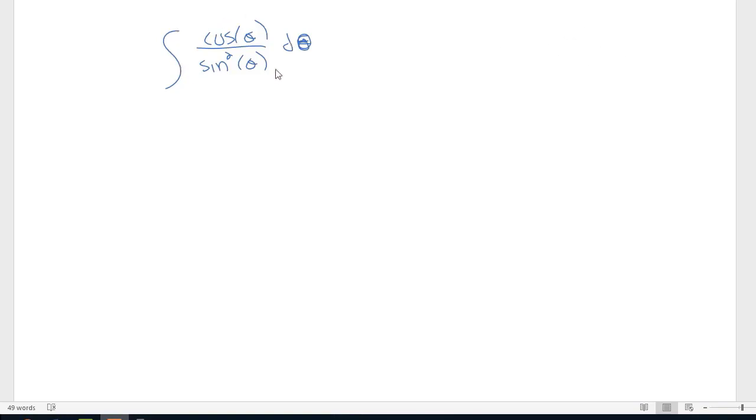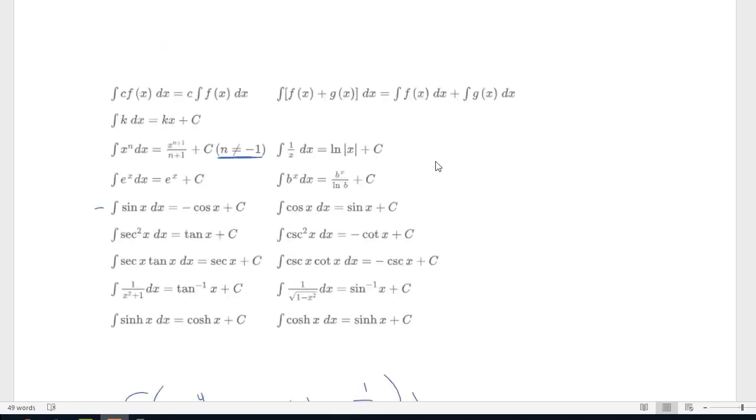Now remember, this is supposed to be a known derivative. So we're asking, what do I take the derivative of to get this expression? And that's not an easy question to answer. If I scroll back up to my table of known integrals, I don't see that expression, cosine theta over sine squared. So what I need to do is a little bit of manipulation of my expression to get it to match one of these.